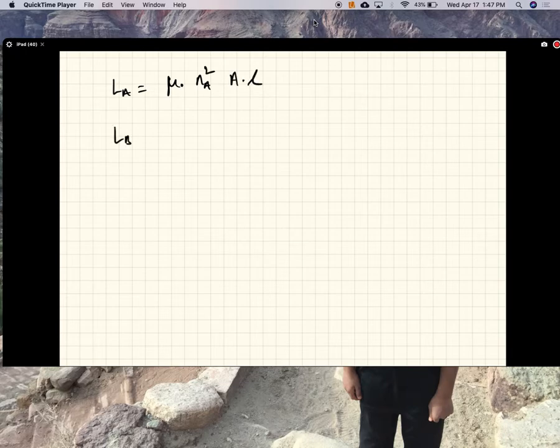LB is mu naught nB squared times A times l, equal to mu naught squared times 1/2 nA times A times l. So LB is 1/4 times LA.